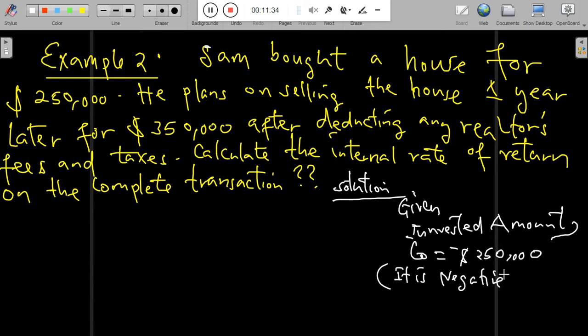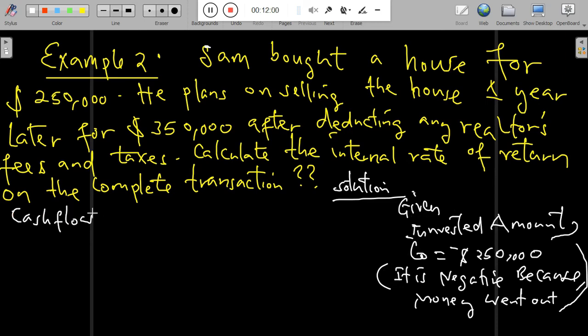We are also provided with the cash inflows after 1 year, that is CT, which is equal to 350,000.